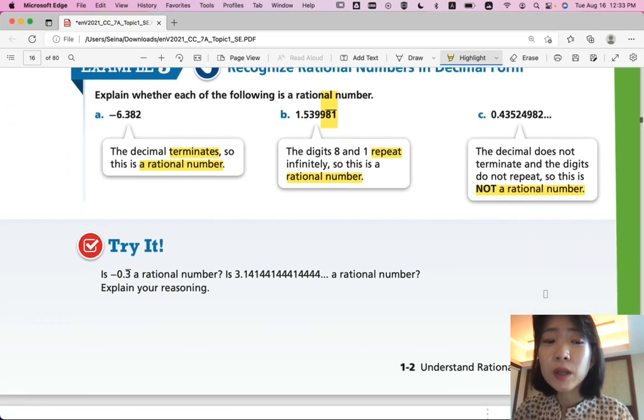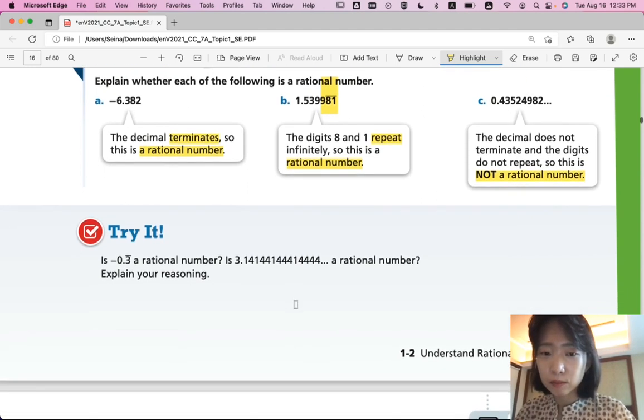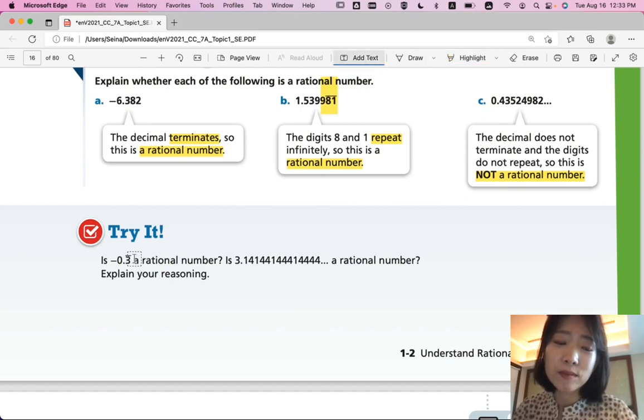Okay, look at the try. Is negative 0.3 repeated a rational number? Is 3.14, 144, 1444, 14444, dot, dot, dot a rational number? Explain your reasoning. Okay? Is the first one a rational number?